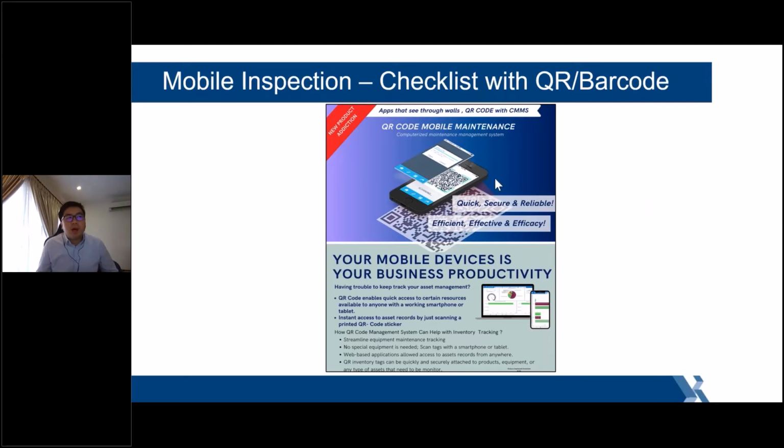Whenever they need to do an inspection, the technician just needs to take the mobile phone and scan the QR code of that particular asset, for example, that particular motor. Then all the relevant preventive maintenance procedures will come up, and they just need to do their checklist on their mobile phones, right? So this is easy. I think this helps a lot in helping technicians identify the correct assets and the correct steps to do.